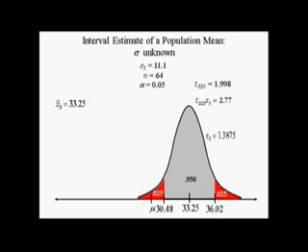Remember, only your deity knows what the value of the population mean is. If we construct 997 more of these intervals, 950 of them, or 95% of them, will contain the population mean mu. This is why we are 95% confident that this particular interval estimate contains the population mean.